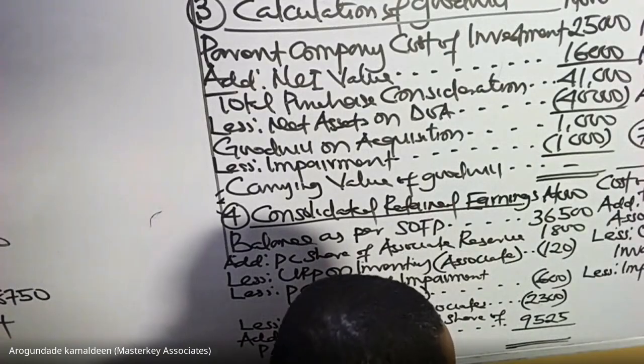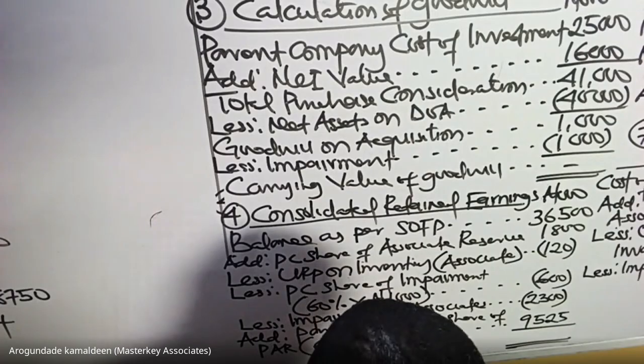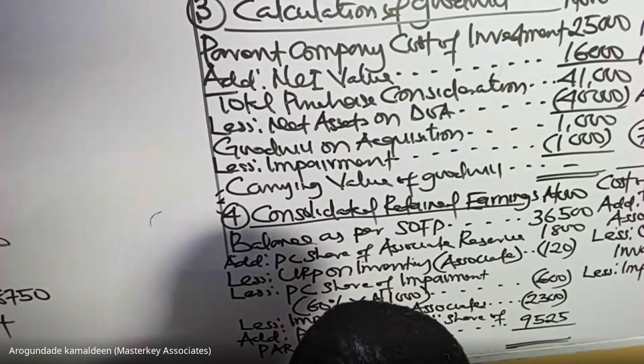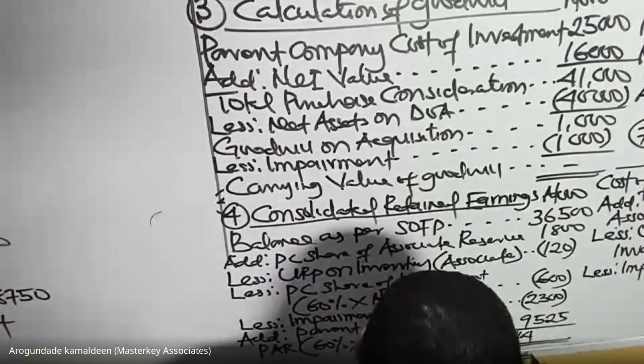Please help me get the figure. 36,500 plus 1,800 minus 120 minus 600 minus 23 plus 9,525. I have 44,80.